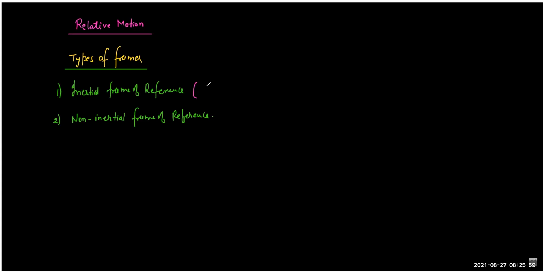So what is an inertial frame? It is a frame which either remains at rest or moves with constant velocity.